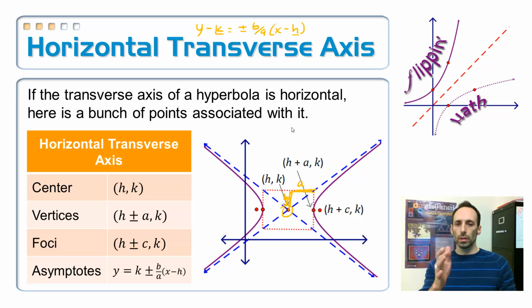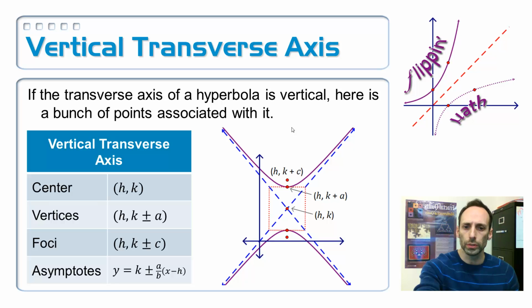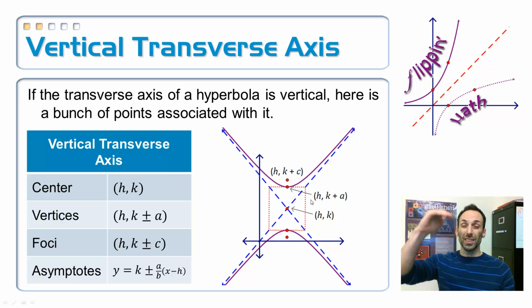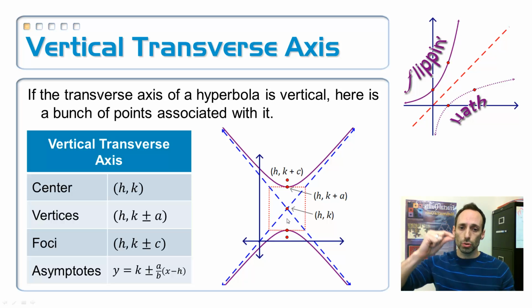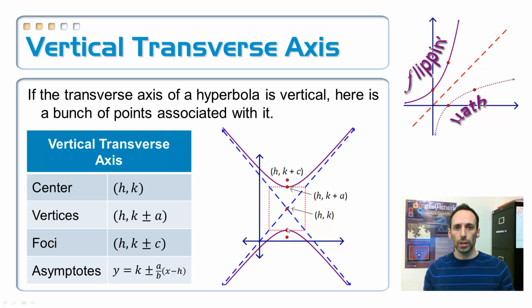So let's look at that with the vertical one. We haven't seen a vertical one yet. So with the vertical transverse axis, this time whenever I start from the center point, I'm going to be adding stuff to the k value. So I start at (h, k). In order to get to the vertices, I'm going to take the a value and add it to the k and subtract it from the k in order to get the two vertices.